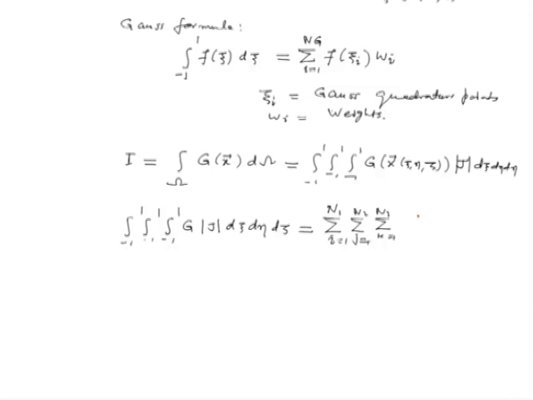Let us call this function g bar at xi i, eta j, zeta k, multiplied by the weights wi, wj, wk, where g bar of xi, eta, zeta is our function g multiplied by the Jacobian.